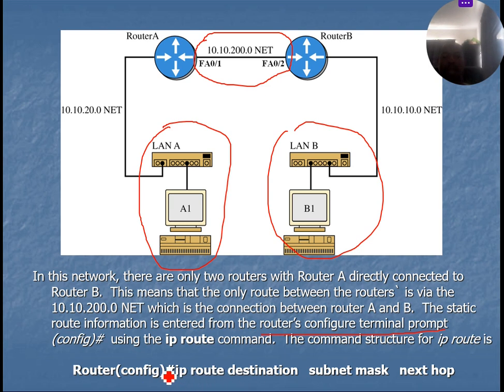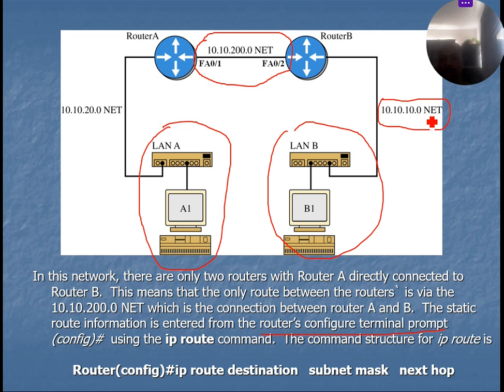After you put hashtag IP route in your config terminal, the next thing to enter is your destination IP address. Your destination IP address is this one, 10.10.10.0.